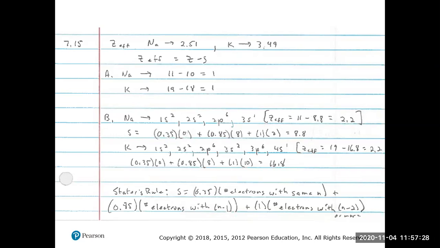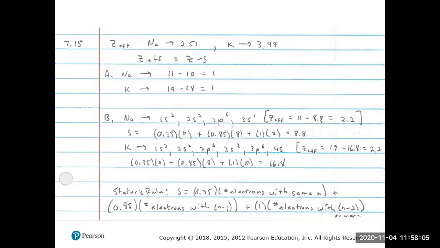A similar thing we would do with potassium. We'd write out that electron configuration: 1s2, 2s2, 2p6, 3s2, 3p6, 4s1. We go through a similar exercise again. We look for the number of electrons with the same principal quantum number. We only have 1 electron in the 4 level, and so once again, it doesn't shield itself. So that's 0 times 0.35.